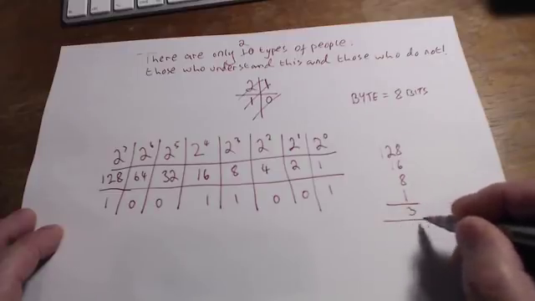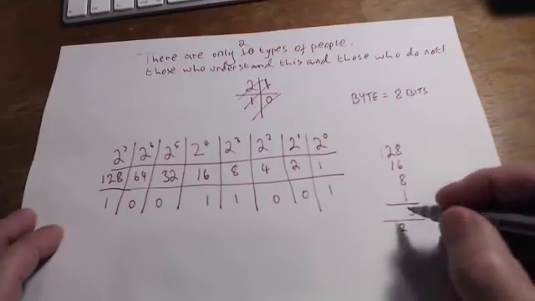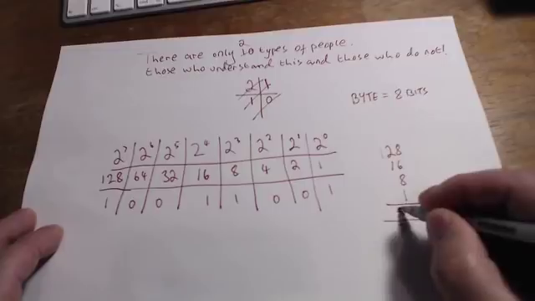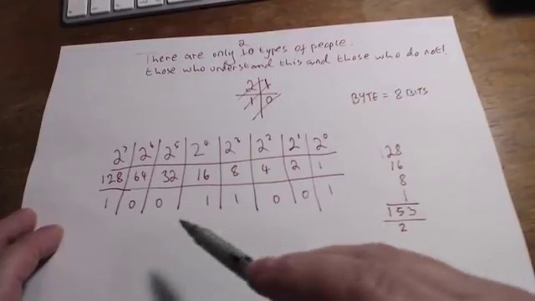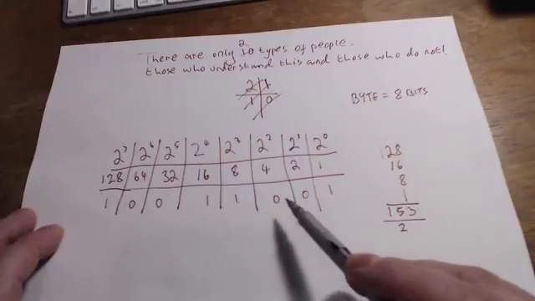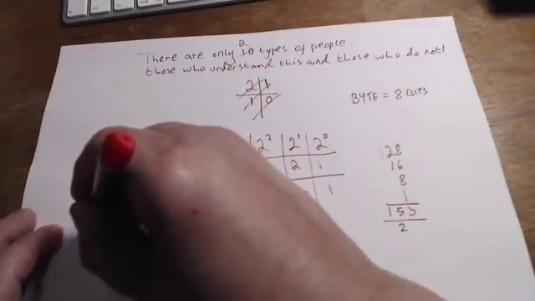So that's 3, and we're going to carry the 2. 2 plus 1 is 3, and 2 is 5. So our value 10011001 is 153 in binary.